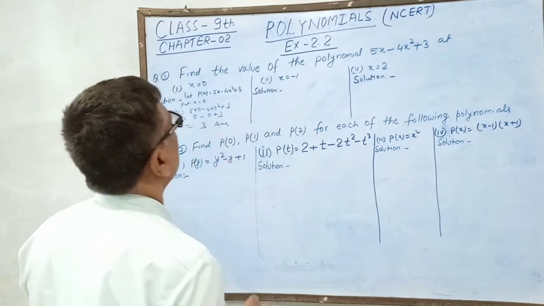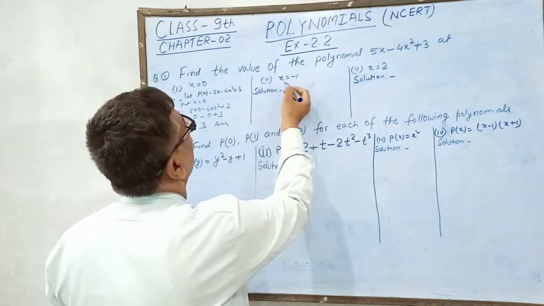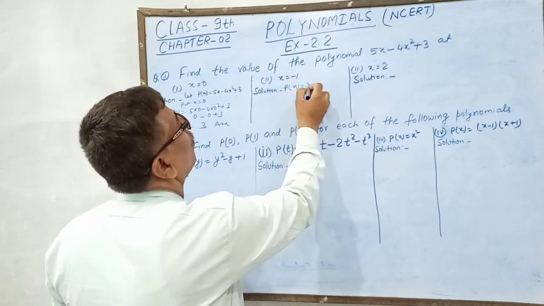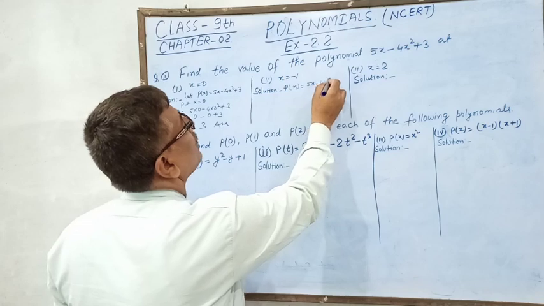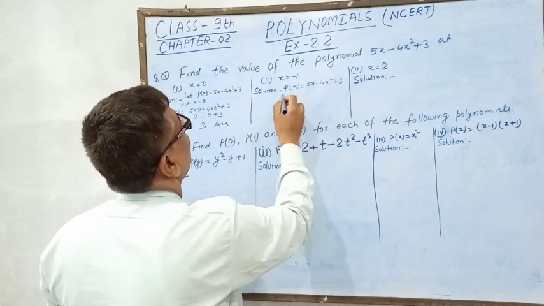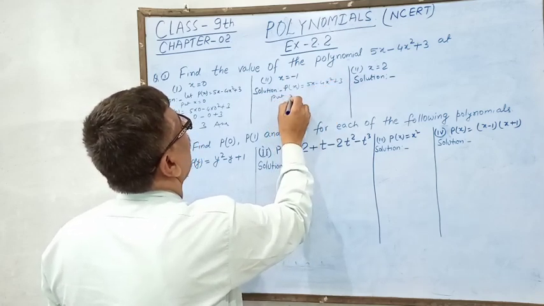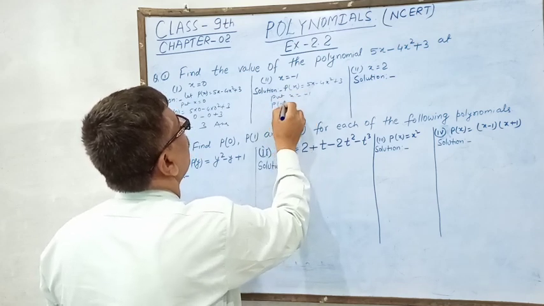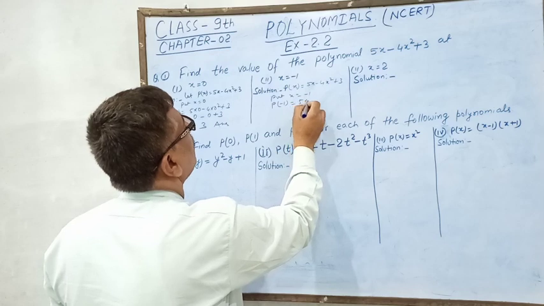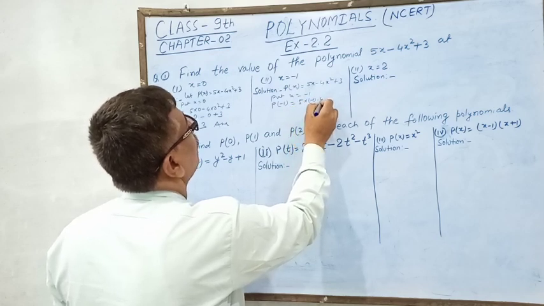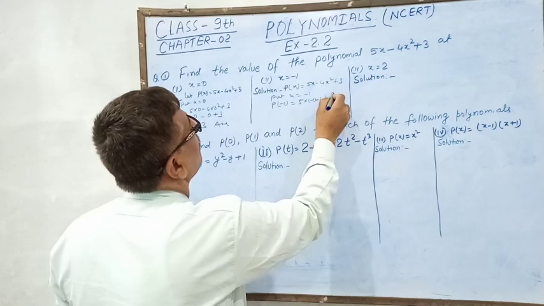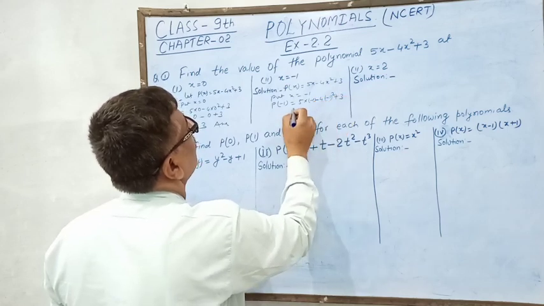So get proceed for the second. Next, again we write px is equal to 5x minus 4x square plus 3 and we put x equal to minus 1 in place of x you write. So then p minus 1 is equal to 5 into minus 1, 4 here minus sign clearly seen, minus 1 square plus 3.